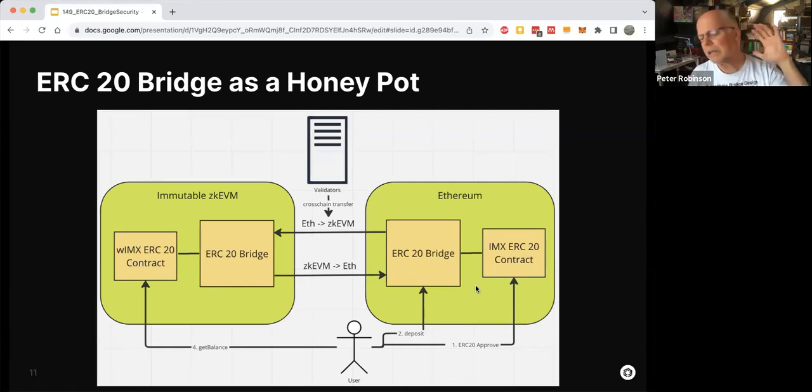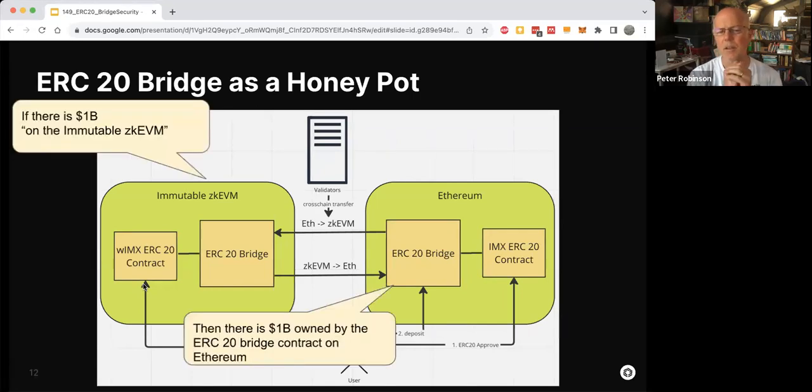At a really high level, the user calls ERC20 approve, then does a deposit into the bridge contract, which will take the money from the ERC20. Some messages will go across, the wrapped ERC20 will mint some of those tokens and give them to the user. Then the user can call get balance and see they've got some tokens. At a really high level, that's how it works.